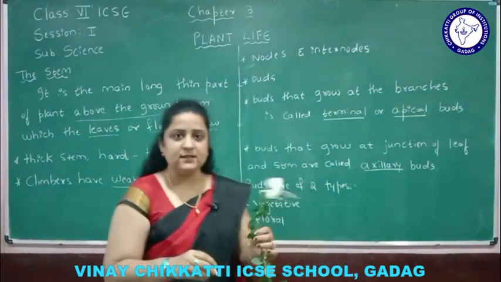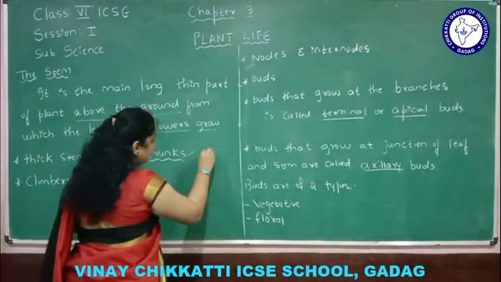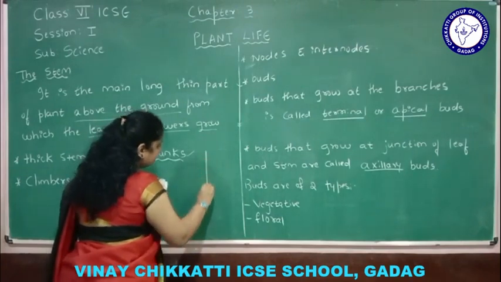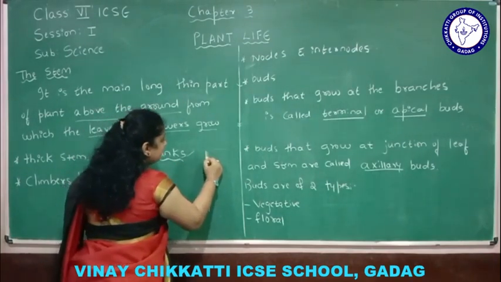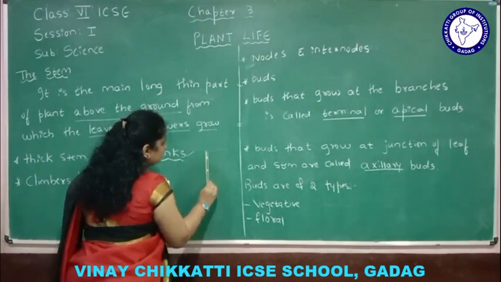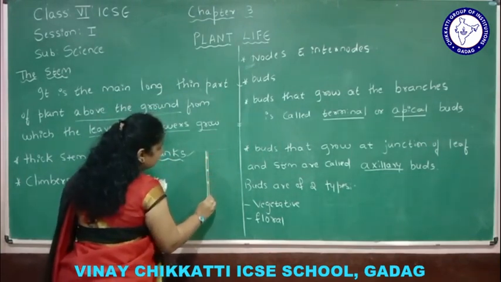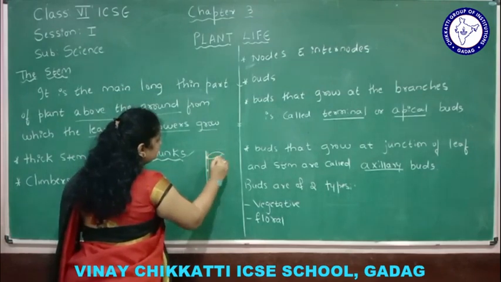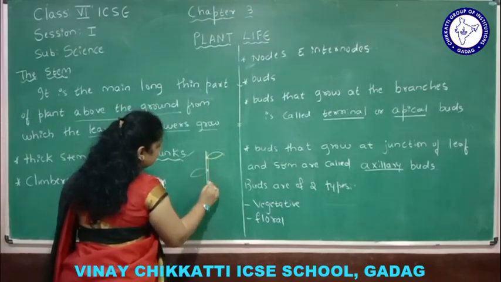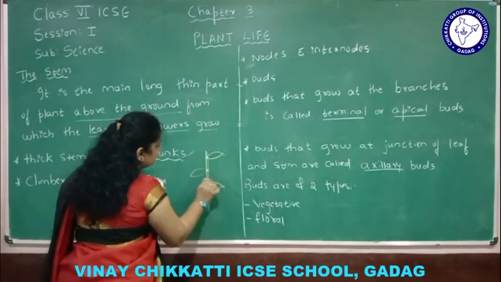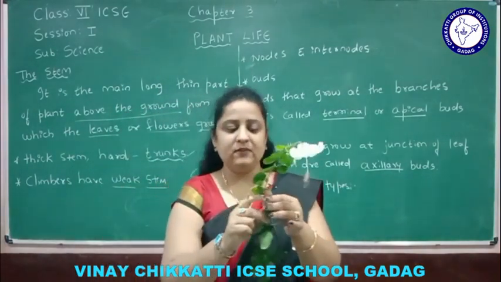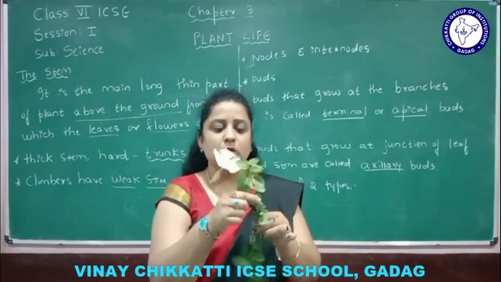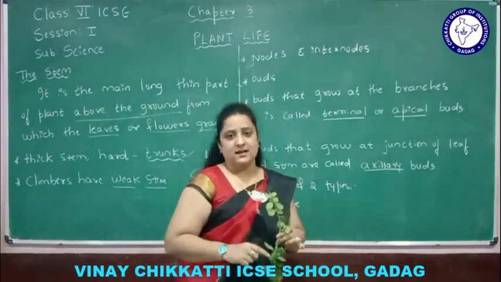For example, I'll draw here, this is the stem. In between there are some joints or points from which leaves arise. So this portion is called a node. In between there are joints called nodes from which the leaves arise.